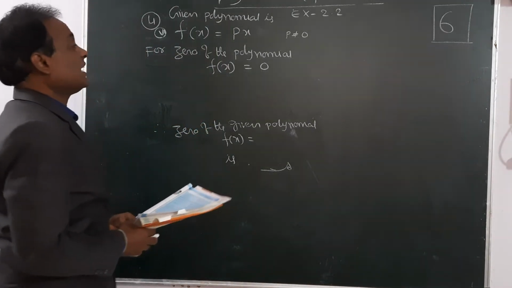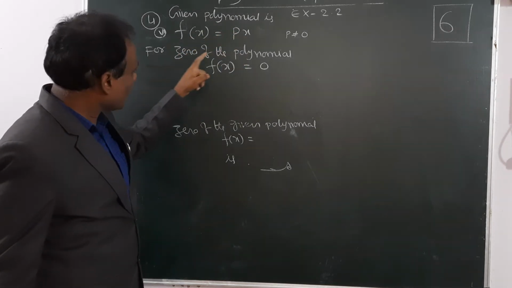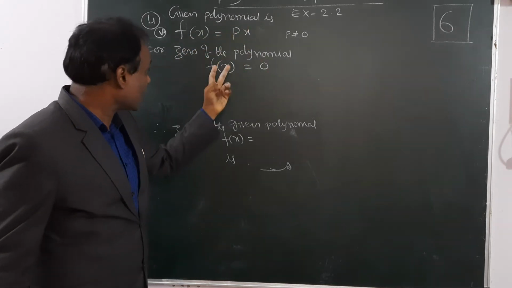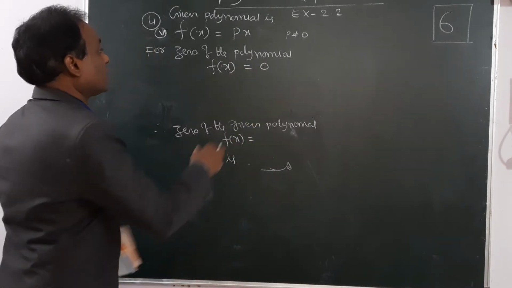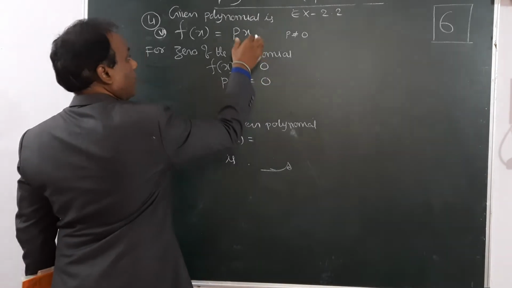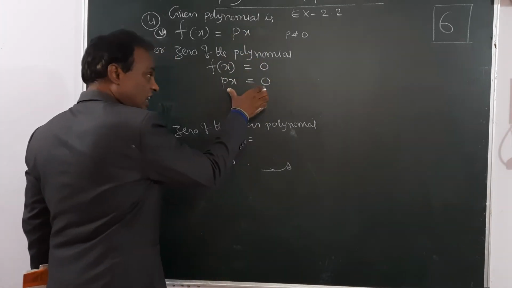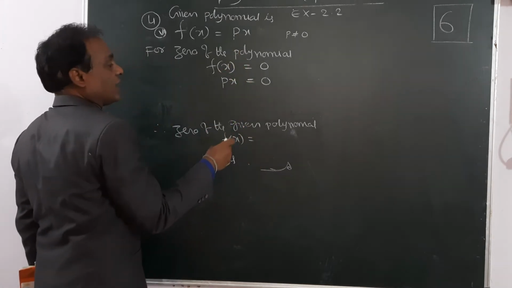For the 0 of the polynomial, we equate the given polynomial to 0. What is the given polynomial? px is equal to 0. The given polynomial should be equated to 0 and we get an equation. Solve it and get x value.